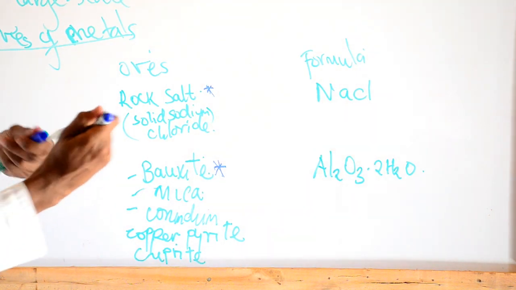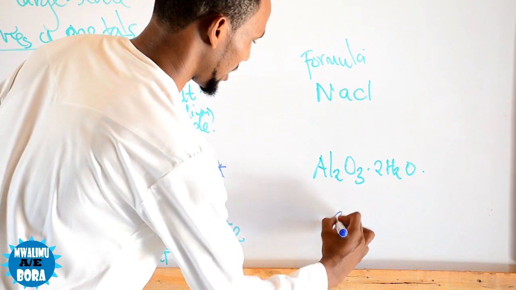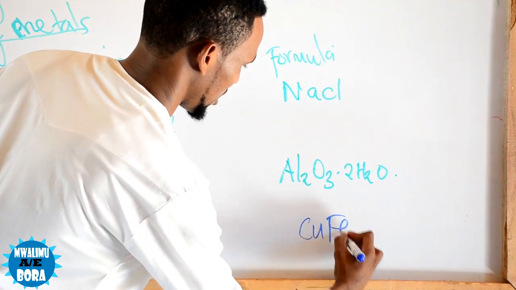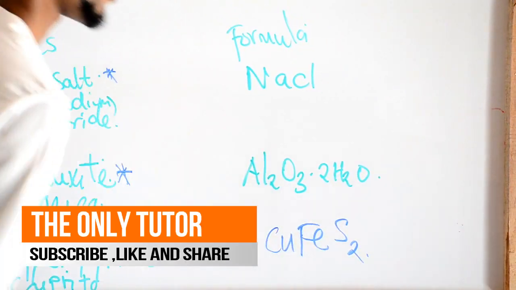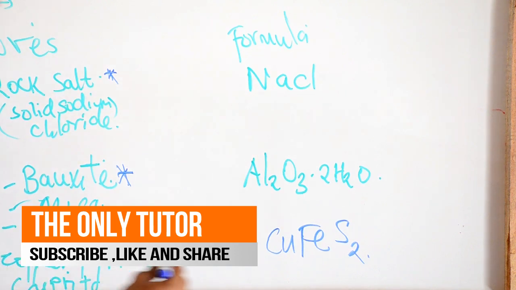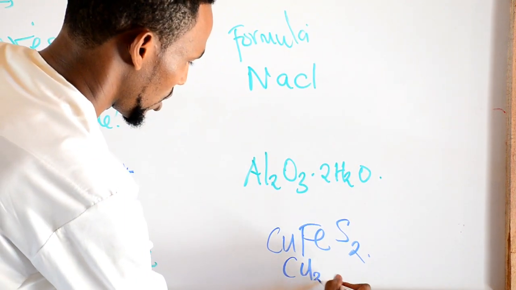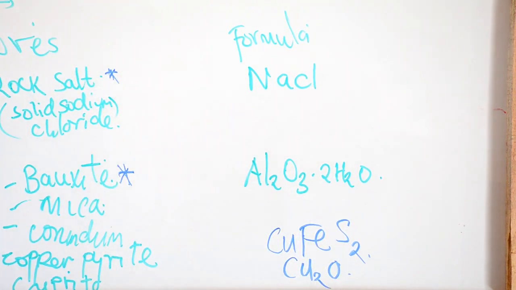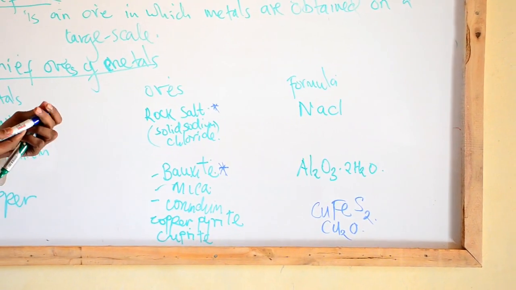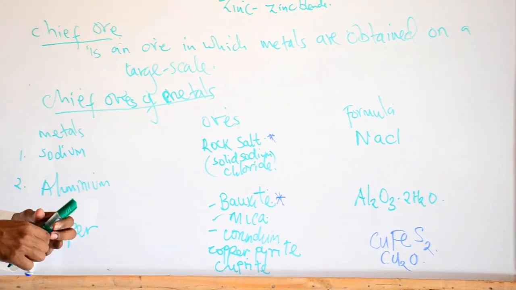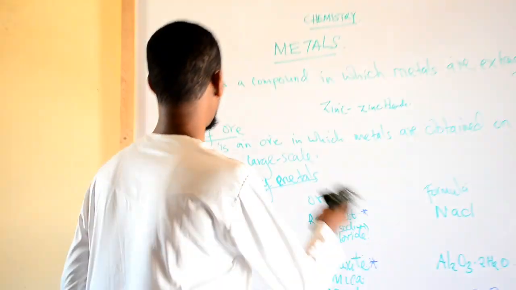So how do you write the formula of copper pyrite? This is the formula of copper pyrite. And cuprite is copper(I) oxide. We go to the next one.